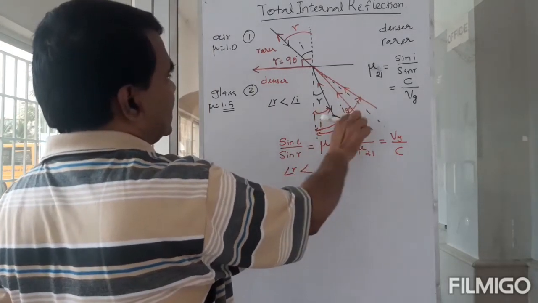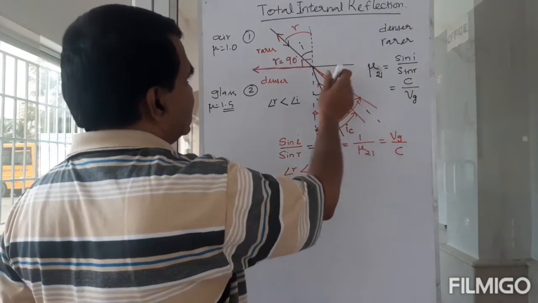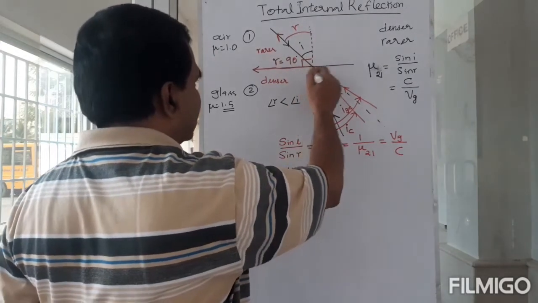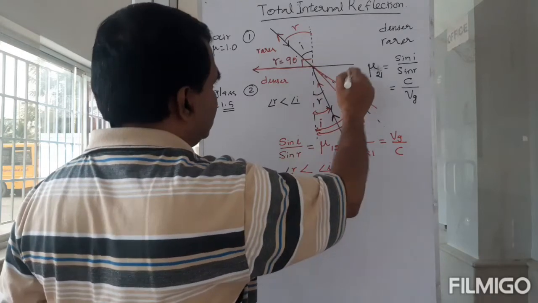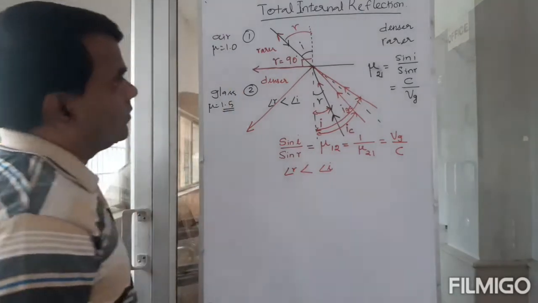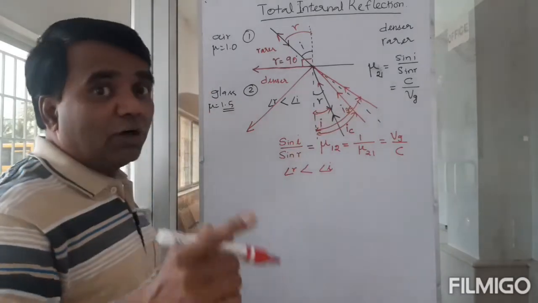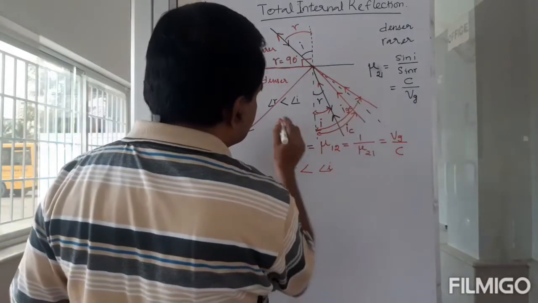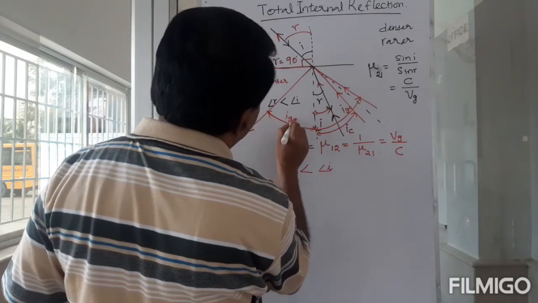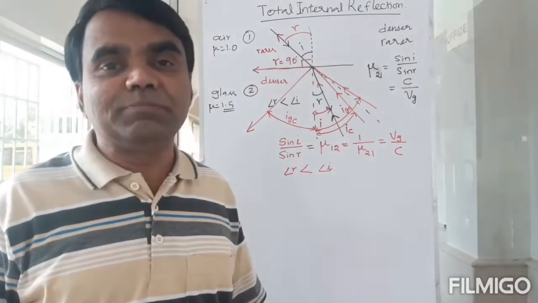For any other incident angle which is greater than IC, this will reflect back into the medium, obeying now the law of reflection. So if this is IC, then from the normal this will also be IC, and this sin I by sin R will no longer work.